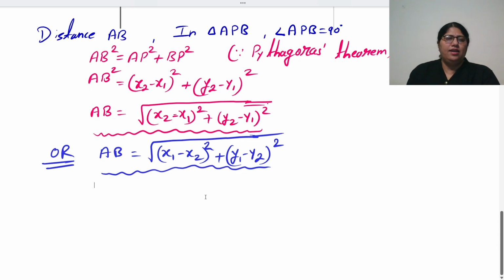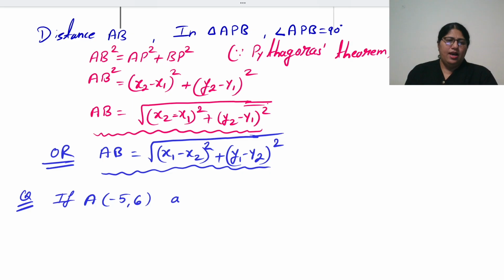So if there is a question here, if A's coordinates are minus 5 comma 6 and B is minus 2 comma minus 3, or if I take here minus 2, 3, right? These are the 2 points. Now how are we going to take it here?